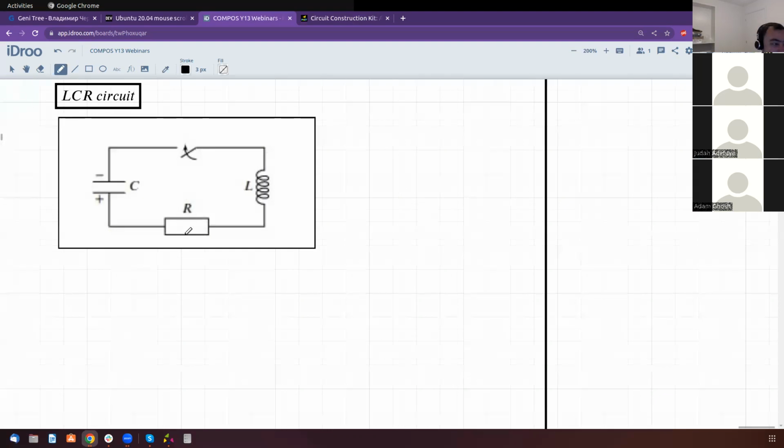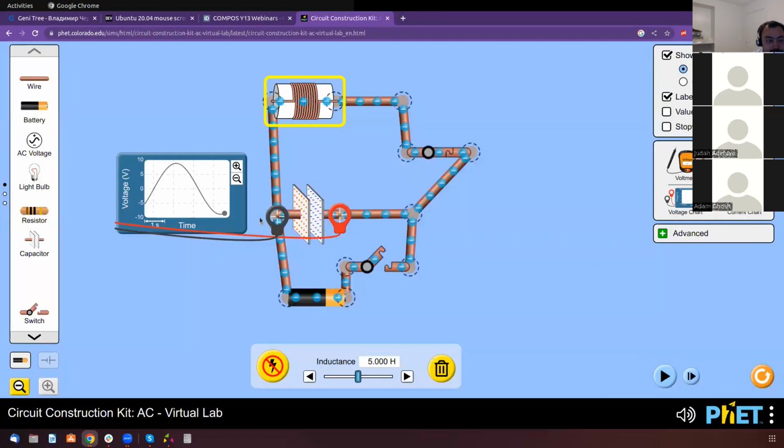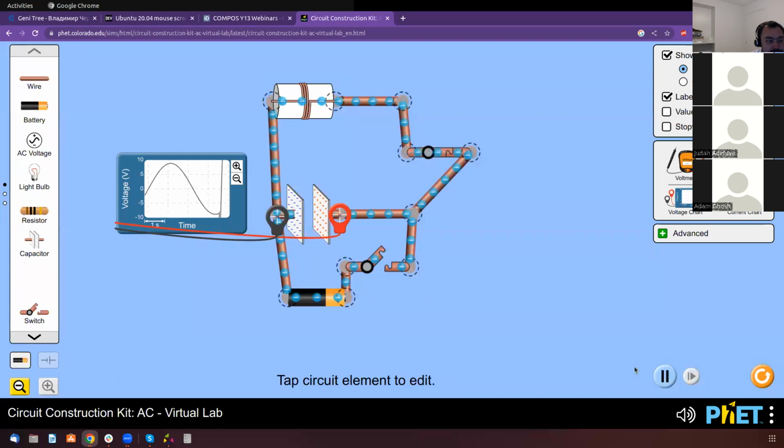So what do you think the resistor does in the circuit?